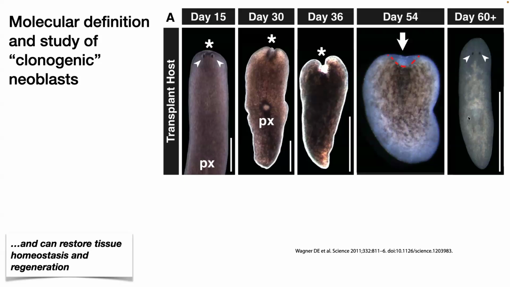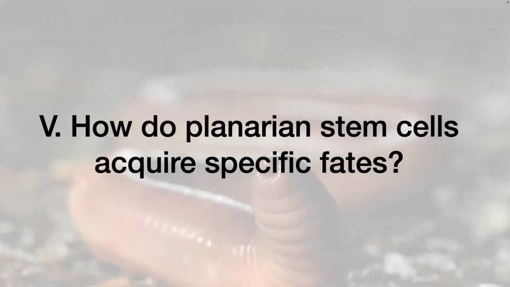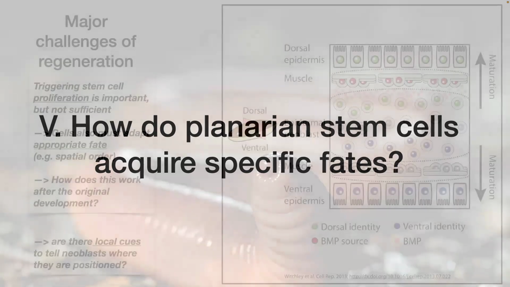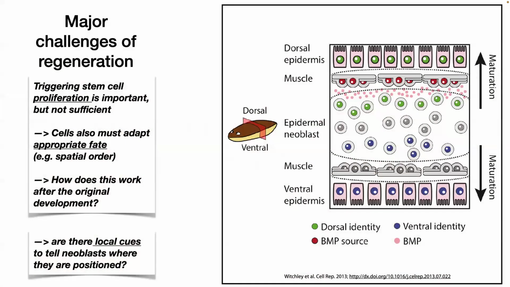So it's a true pluripotent setting where one cell can give rise to any of the differentiated cell types. You can then wonder how the stem cells know what tissue to regenerate. Is there any system that tells them where they are in the body? And in fact, this is follow-up work where researchers found that on the molecular level, there are genes that are different between different parts of the body.